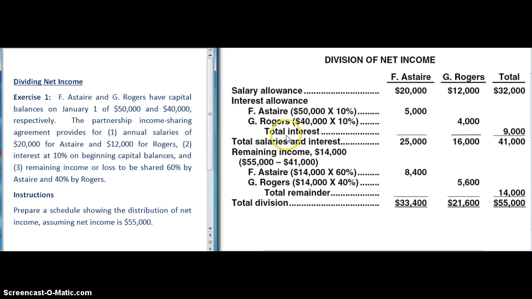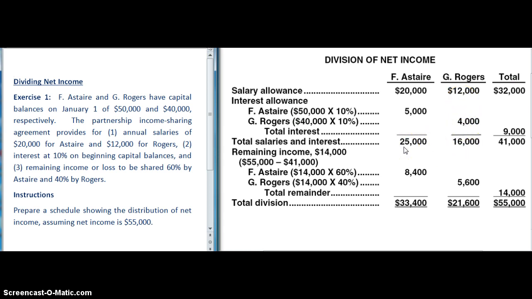After you have calculated the total interest, total the salary and the interest. So that will give us the total salaries and interest distributed among both the partners. For total salaries and interest, you add 20,000 salary plus 5,000 interest, that gives us 25,000 for Astaire. For Rogers, 12,000 plus 4,000, that's 16,000.